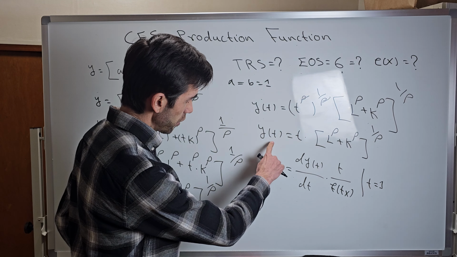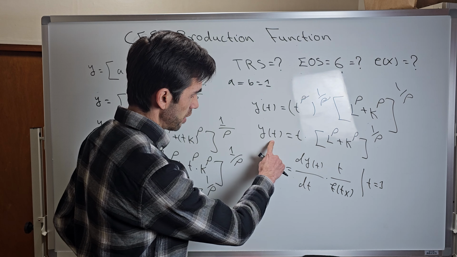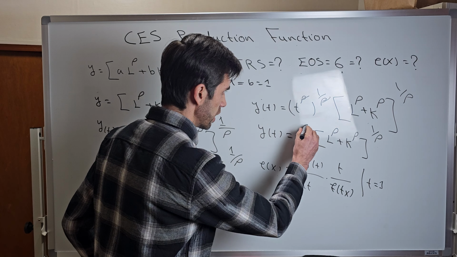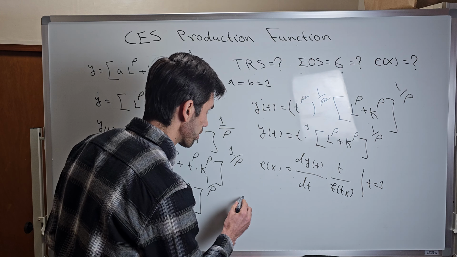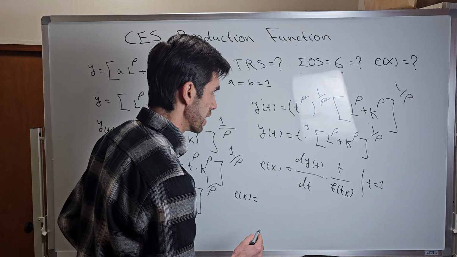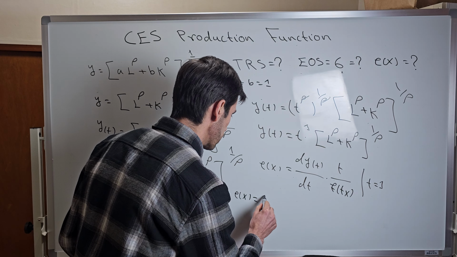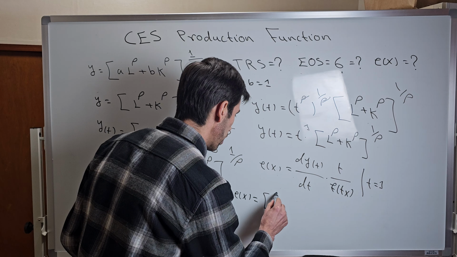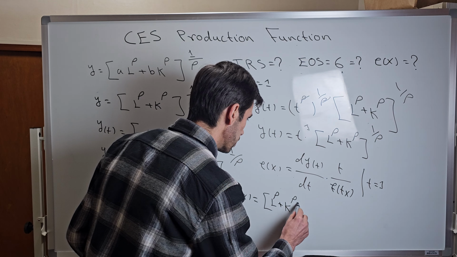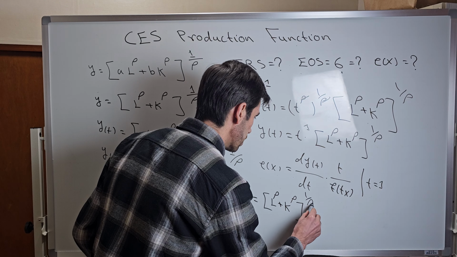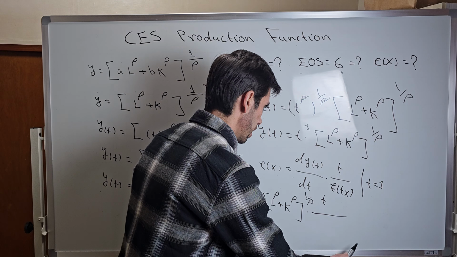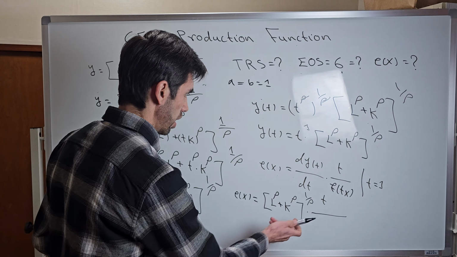If you take the derivative of this term with respect to t, the power of t is equal to 1. So we will have Ex is equal to L to the power of rho plus K to the power of rho all to the power of 1 over rho, multiplied by T divided by f of Tx.